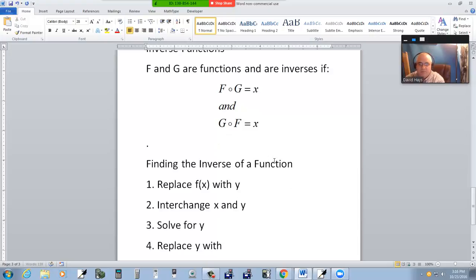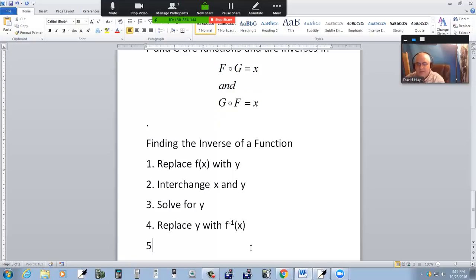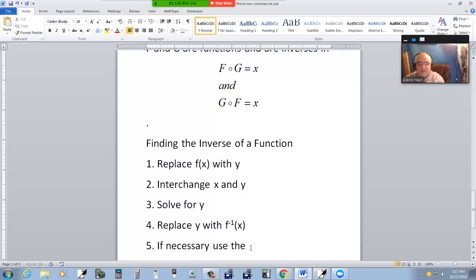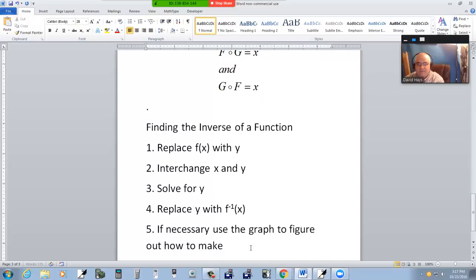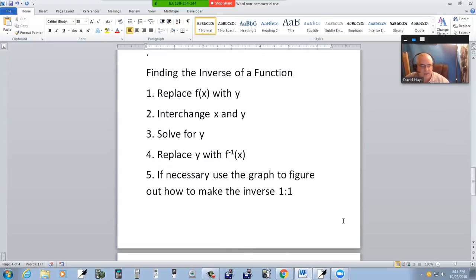Step 4, replace y with your inverse notation. And step 5, if necessary, use the graph to figure out how to make the inverse 1-to-1.